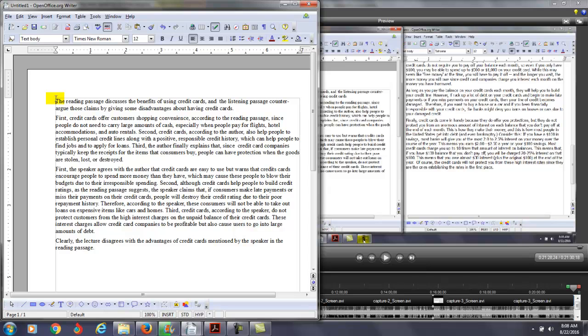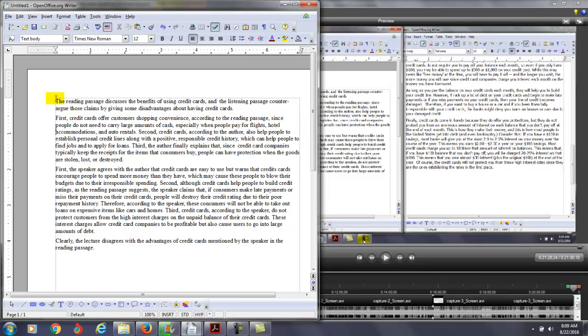So it says, the reading passage discusses the benefits of using credit cards, and the listening passage counter-argues those claims by giving some disadvantages about having credit cards. First, credit cards offer customers shopping convenience, according to the reading passage, since people do not need to carry large amounts of cash, especially when people pay for flights, hotel accommodations, and auto rentals.